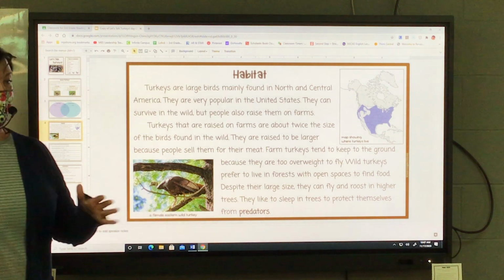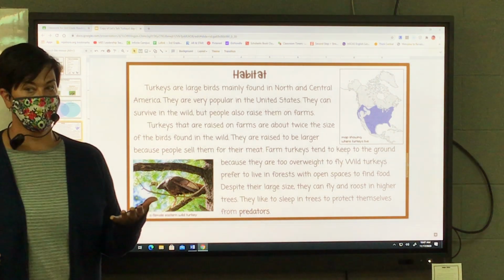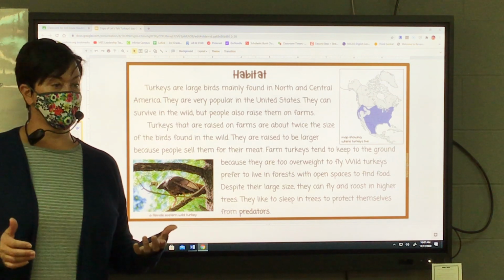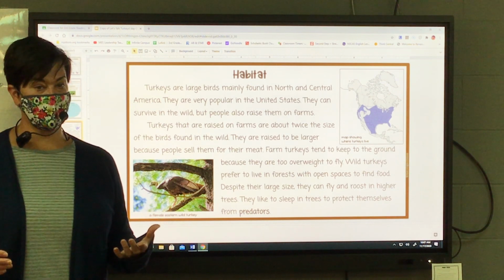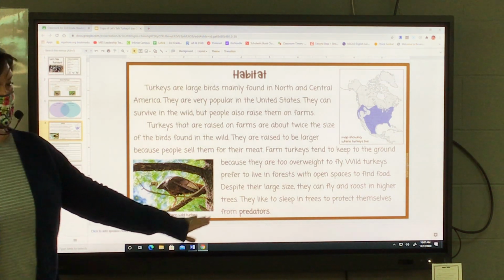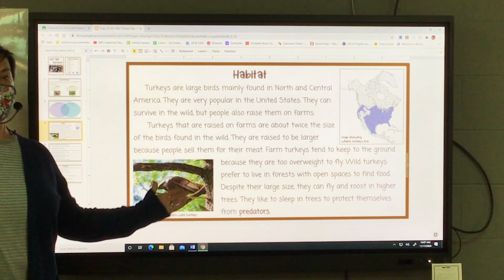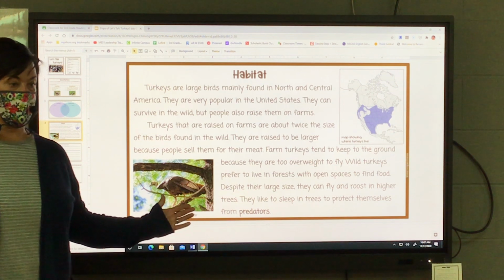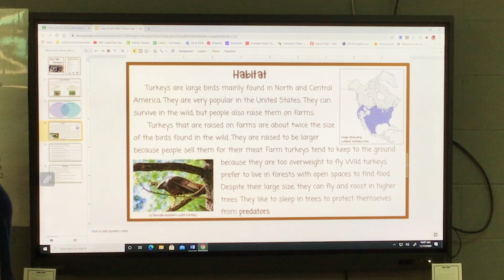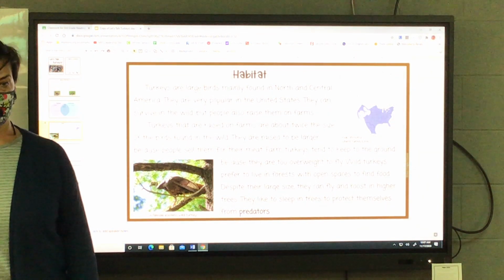So text means what? Text means words. Okay, so this caption tells us information about this picture. And the caption says, a female eastern wild turkey.